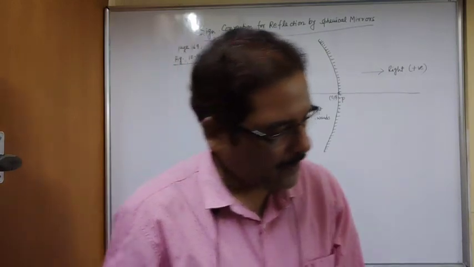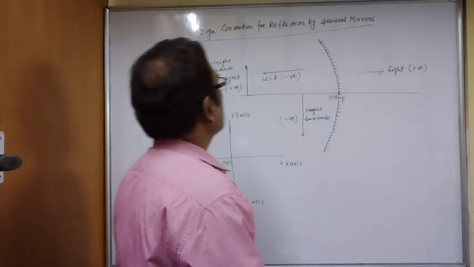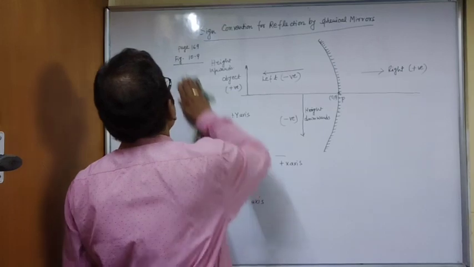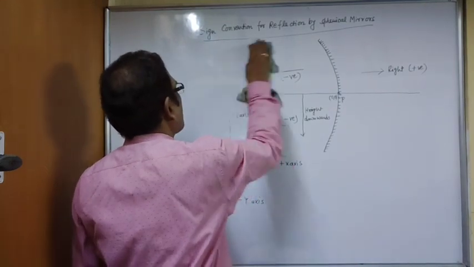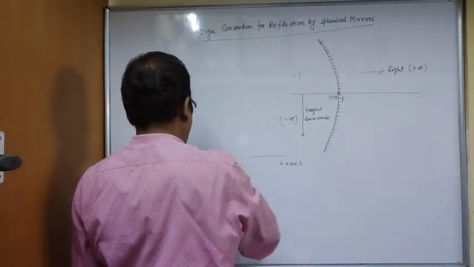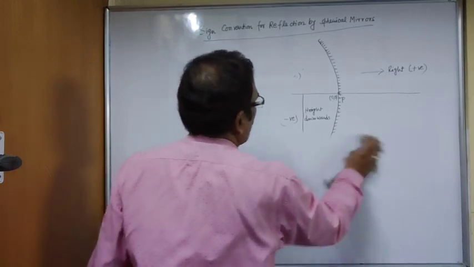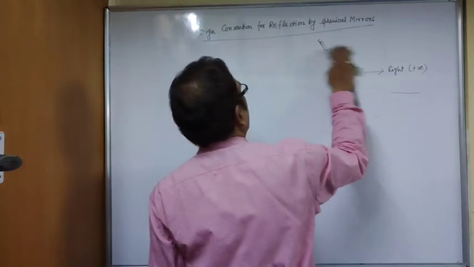So according to this sign convention, now we will write the exact sign for object distance and image distances.